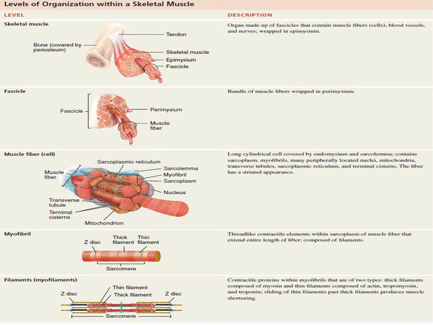Next are the filaments, or myofilaments, contractile proteins within myofibrils that are of two types: thick filaments composed of myosin, and thin filaments composed of actin, tropomyosin and troponin. Sliding of thin filaments past thick filaments produces muscle shortening. These are all the levels of organization within a skeletal muscle.